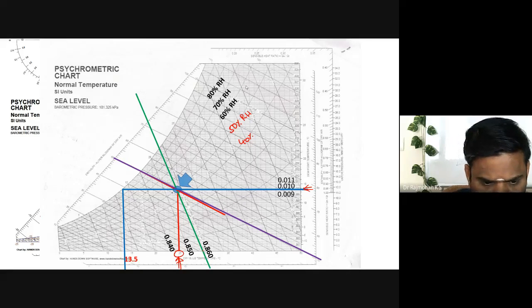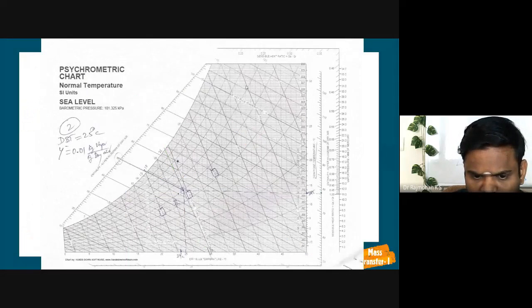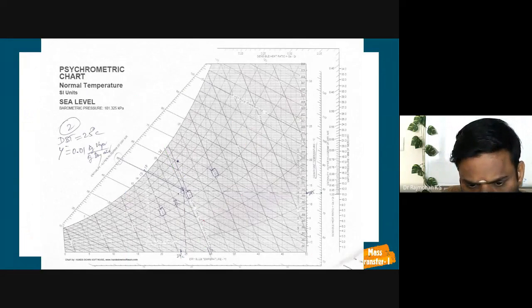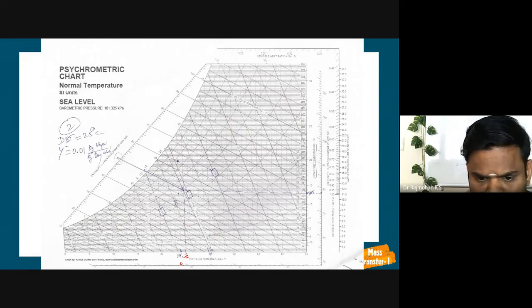So you can observe it to be some value. If you plot the actual graph, I also marked this, it takes some time. So you can see that it is the 24 degrees Celsius or 25 degrees Celsius line. Along the 25-degree line and absolute humidity of 0.01, we can mark the point. And you can get the corresponding values here.